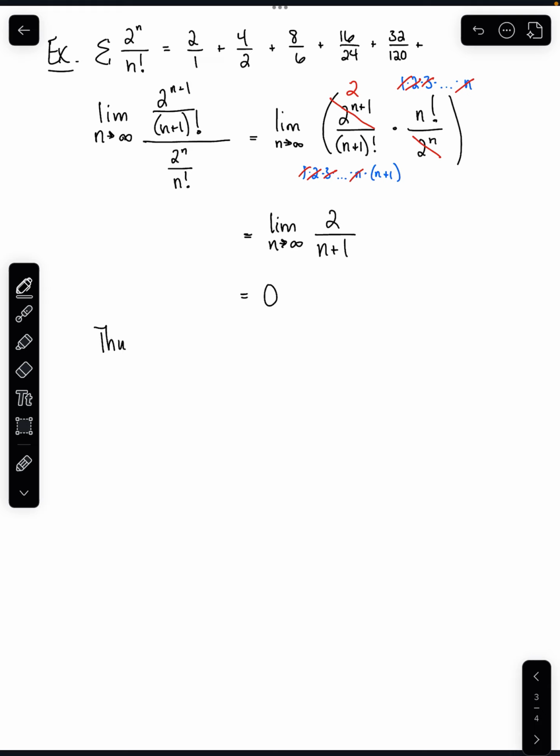Thus, since this value is smaller than 1, the series 2 to the n over n factorial converges. The terms shrink to 0 fast enough to overcome the addition of an infinite number of things.